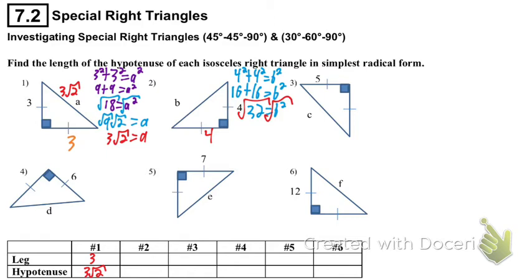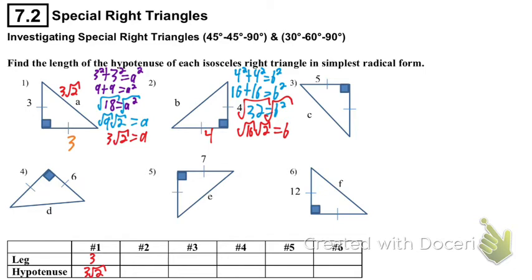Nothing times itself is 32. But there is a factor of 32 that is a perfect square. What is the biggest factor of 32 that's a perfect square? Gregory? 16. So the square root of 16 times the square root of 2 is equal to b, because 16 times 2 is 32. So the square root of 16 times the square root of 2 is equal to the square root of 32.